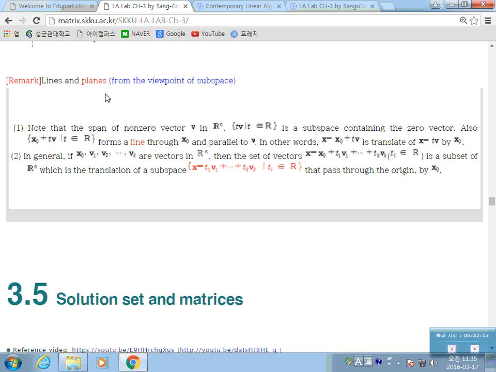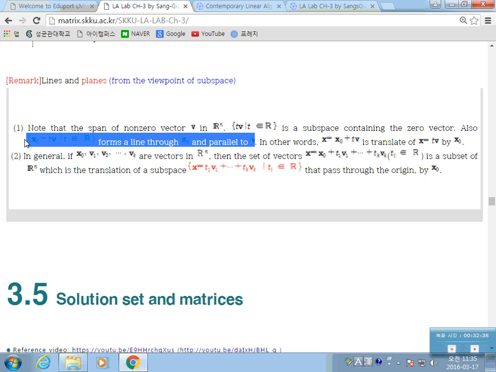Lines and planes from the viewpoint of subspaces. Okay, here. If you have a non-zero vector v, then tv is a subspace containing the zero vector. But when x0 is not a zero vector, then this is a line that passes through the point x0 and is parallel to v.